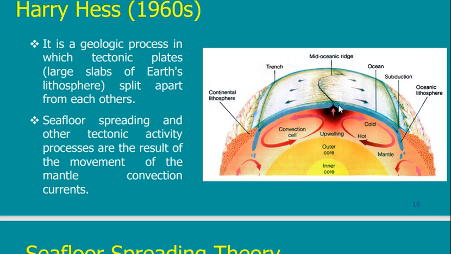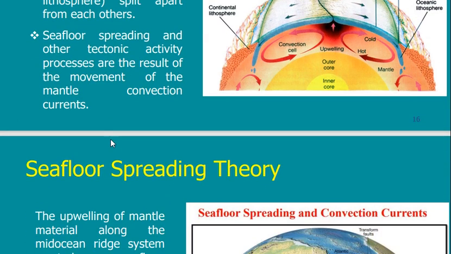So if I fill this space, what will happen? This continent and this continent will move away again from each other, and so on. So we are drifting each time away from each other. Continents are drifting away from each other. So this is what we mean here.